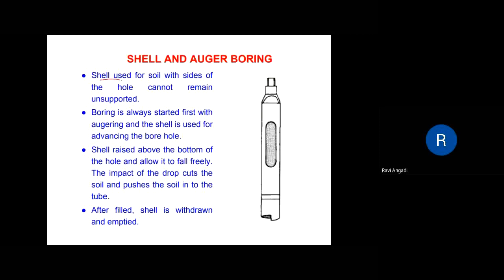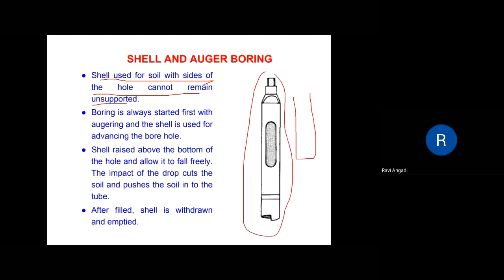The shell is used for soil where the sides of the hole cannot remain unsupported. Means already a pit has been excavated, and from the pit samples are collected through this type of equipment. This is called shell and auger boring. Here a boring is always started first with augering, and the shell is used for advancing the borehole.